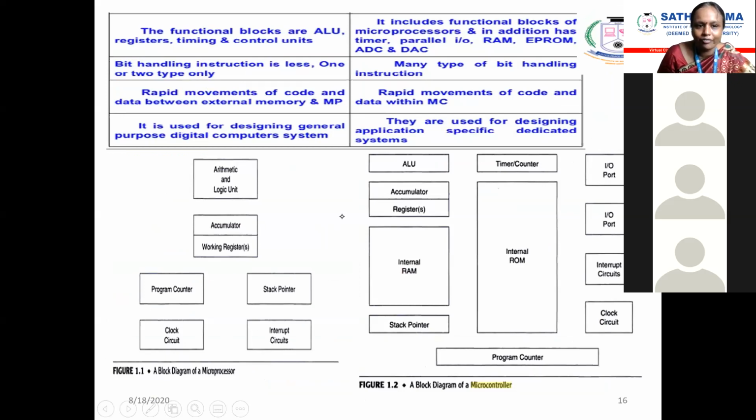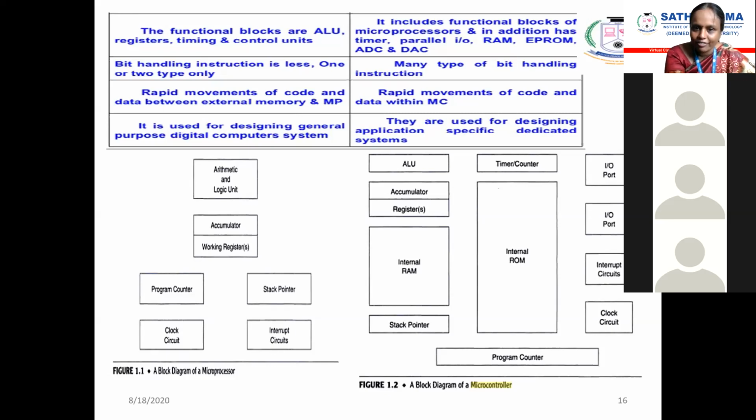I think I told you what the functional blocks are: arithmetic logic unit, registers, timing and control. But here, apart from that, ALU is also there, registers are also there, and the timing and control unit is also there. Apart from that, we have embedded timer, embedded counter, embedded RAM, that is the inbuilt memory I told you, EEPROM, ADC, what is ADC?